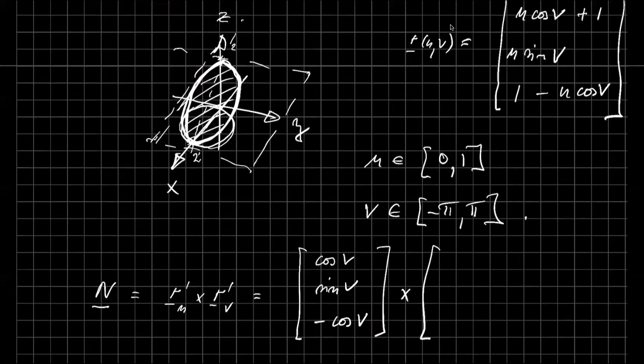You cross that with the derivative with respect to v, which will be minus u sine v, u cosine v, and finally u sine v.